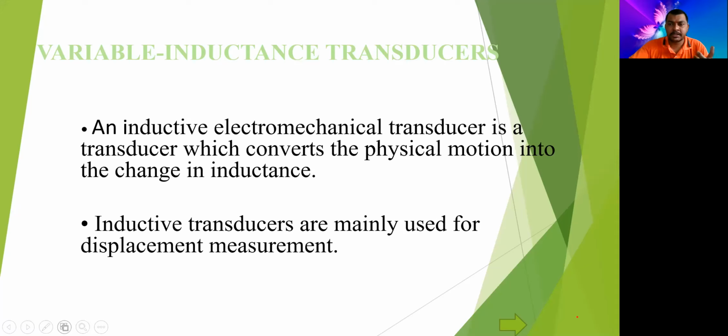So remember, displacement means distance; for small distance measurement we use inductive transducers, that is what they say. So the physical parameter we are going to measure is the displacement or the distance traveled, right?